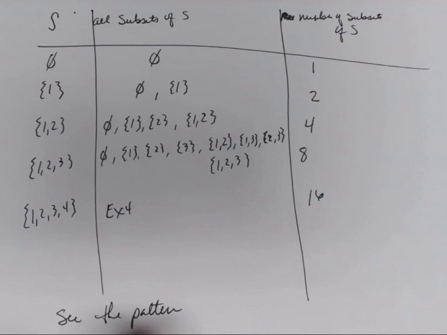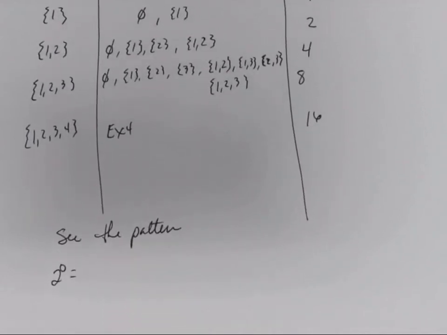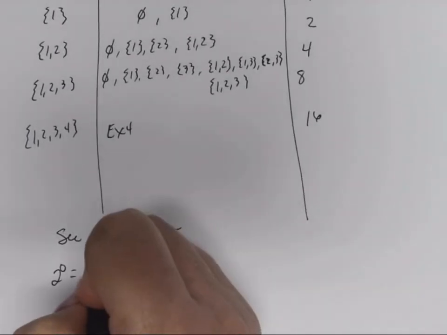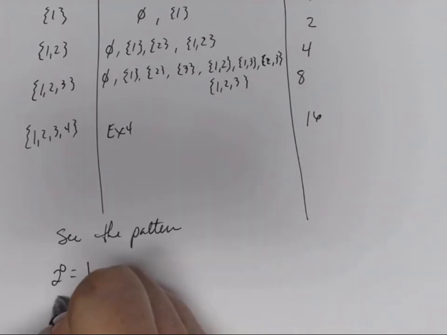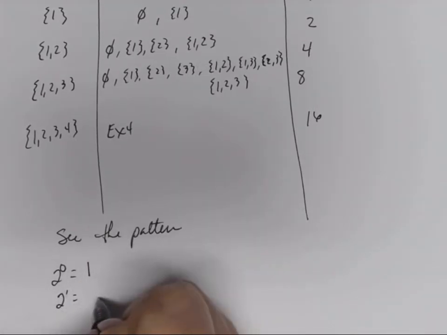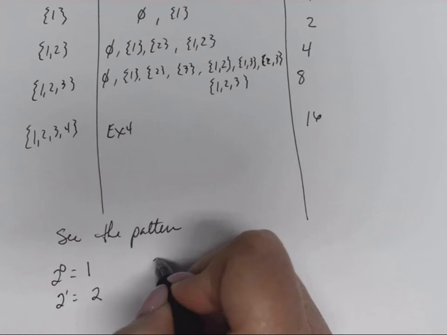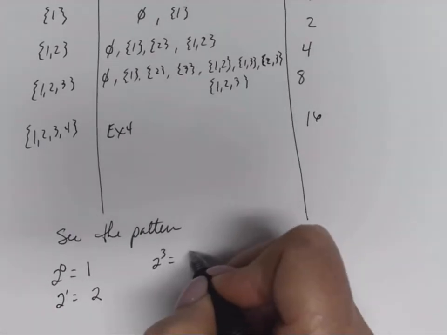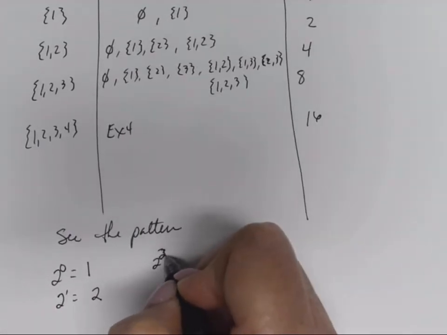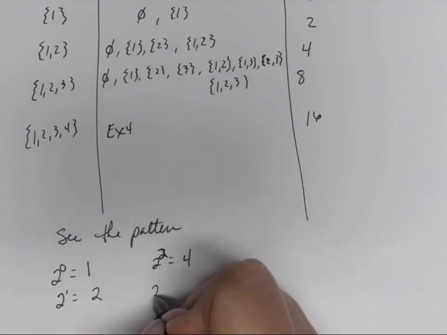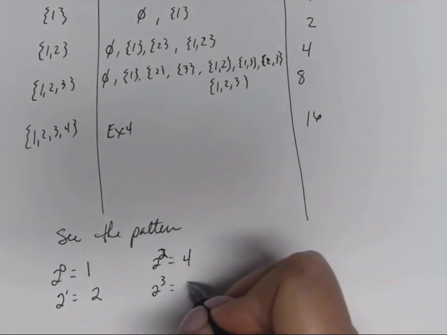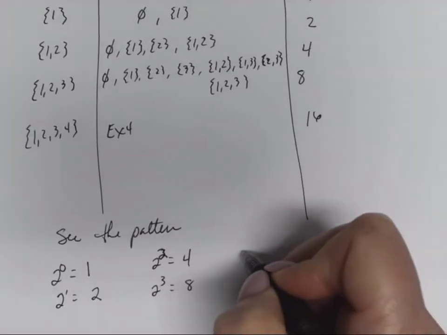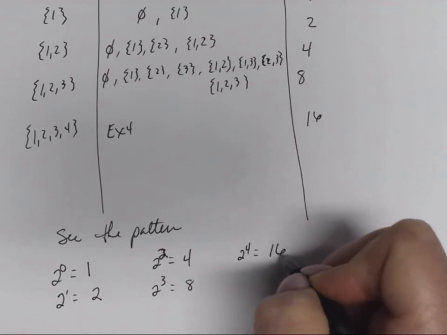If we have 2 to the 0, remember anything to the 0 power is equal to 1. If we have 2 to the first power, that's 2. 2 to the second power is 4. 2 to the third power would be 8. 2 to the fourth power is 16.